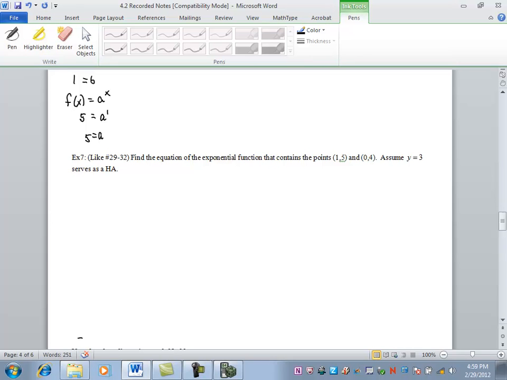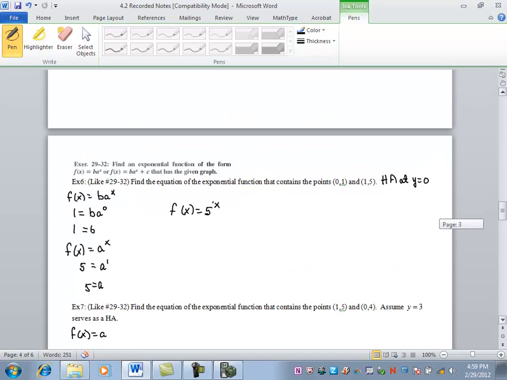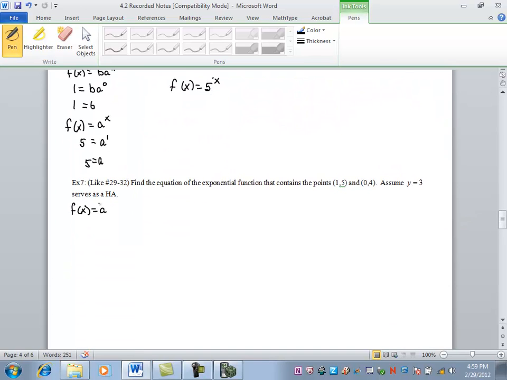So if this is the case, we consider f of x equal b a to the x, and we're going to add on c here. I know that if I've got a horizontal asymptote at 3, then c must be 3, and then with that in mind, let's take what we're given.